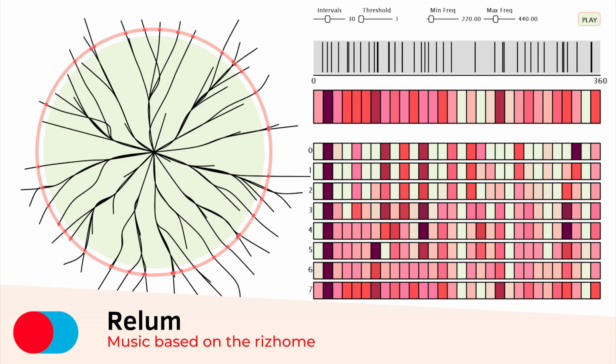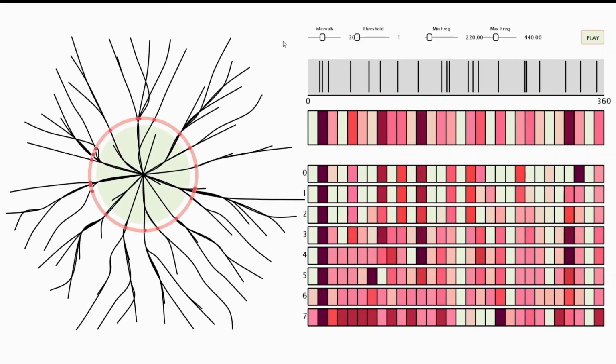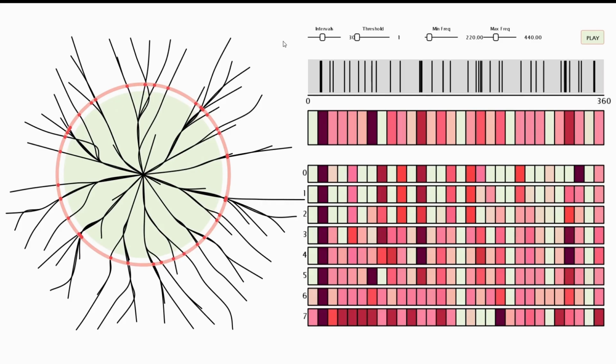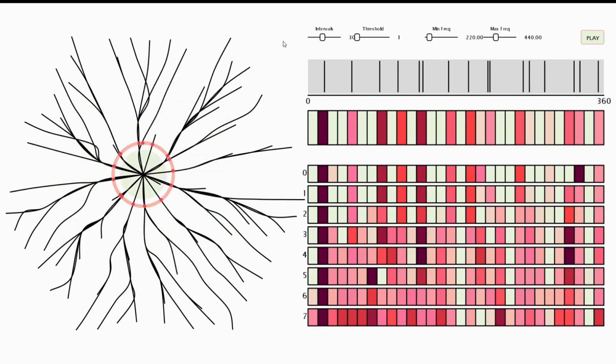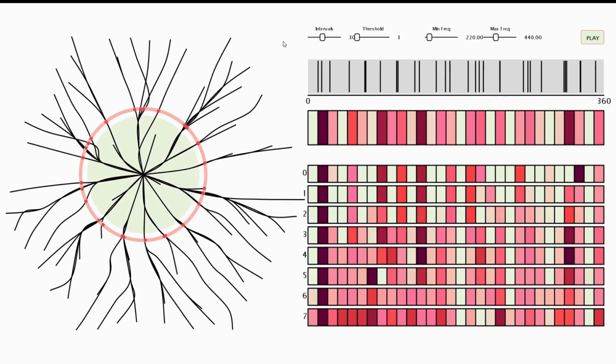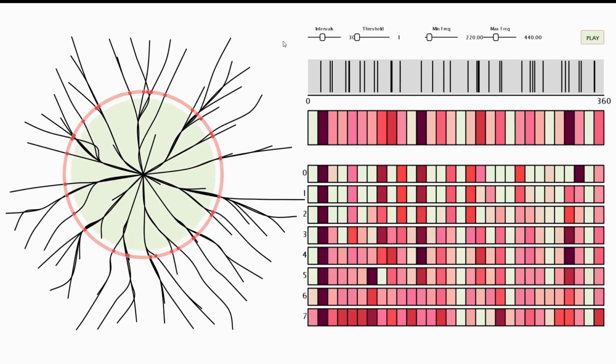So I match every angle of these intersections with the frequency, with the sound. So depending on how the root grows, a different sound is produced. Here there is no sound, just taking the information from the growth of the root, or the intersections.